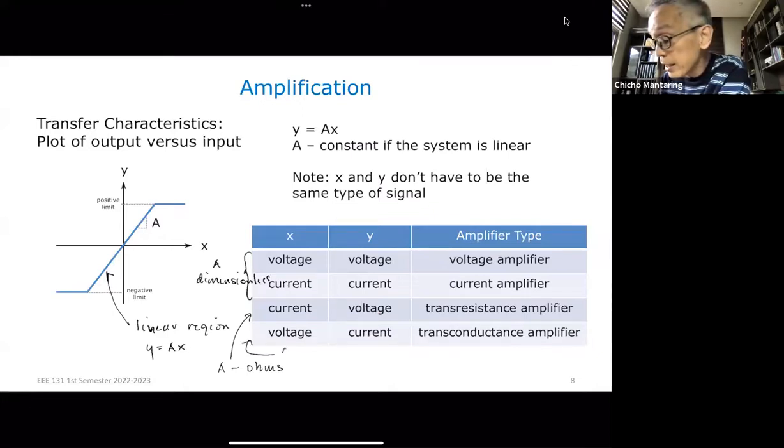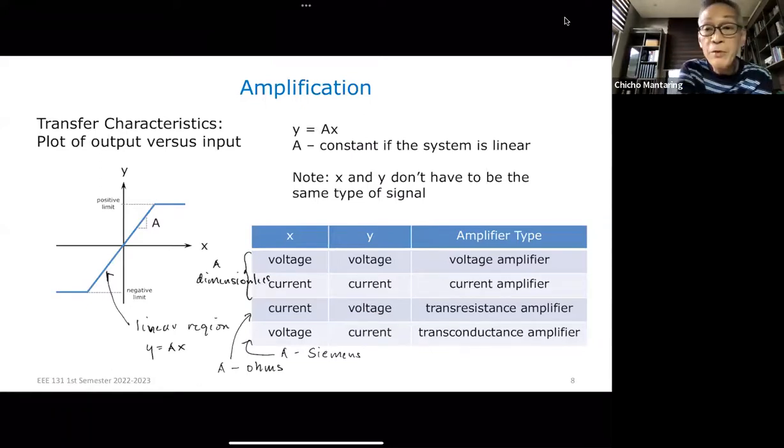In this particular case, A has the units Siemens. You multiply Siemens by voltage, you're going to get amperes. So those are some of the basic types of amplifiers. But most of what we'll encounter in this particular course would be voltage amplifiers.